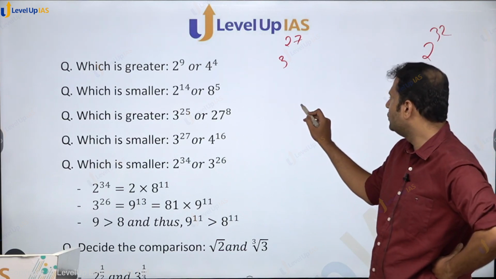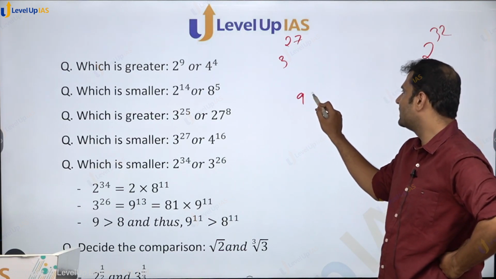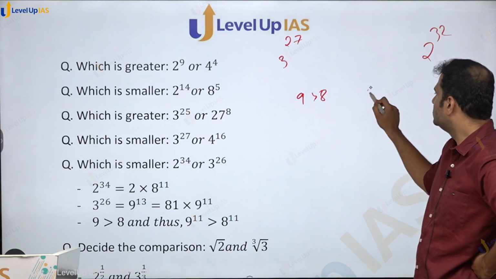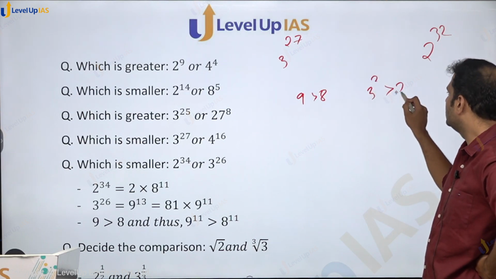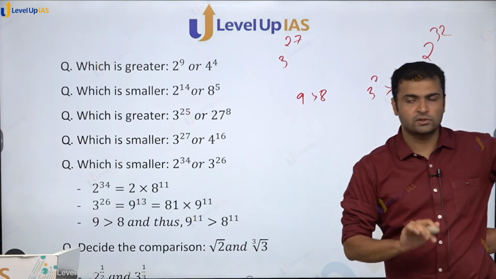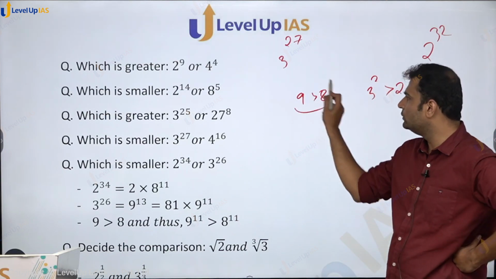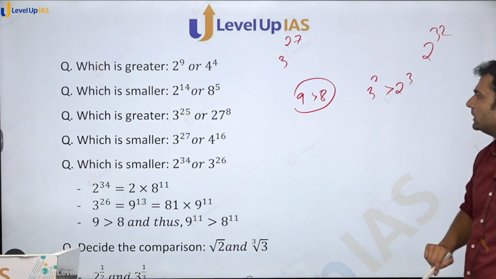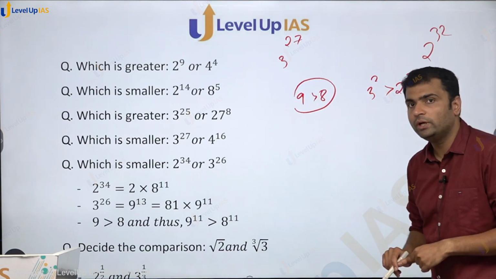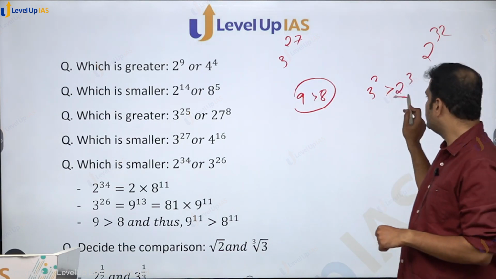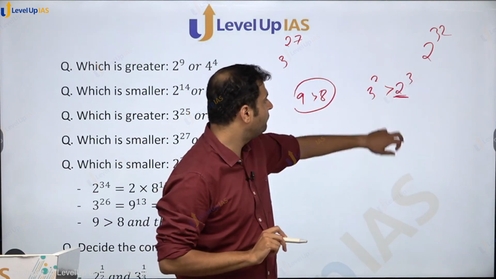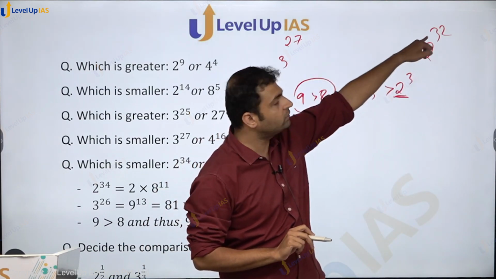Like I know that 9 is greater than 8, or 3 squared is greater than 2 cubed. 8 is 2 cubed, 3 squared is 9. So that is already known to me. So I have started from there. Now what I will do is try to make this power of 2 from 3 to 32.